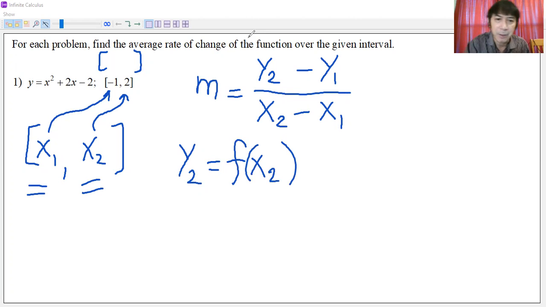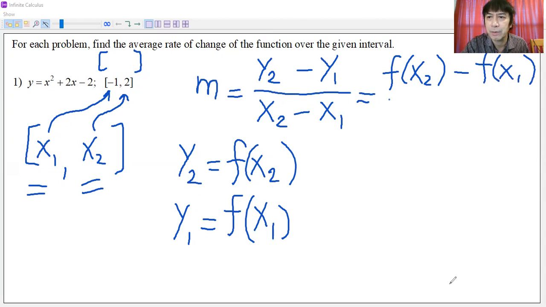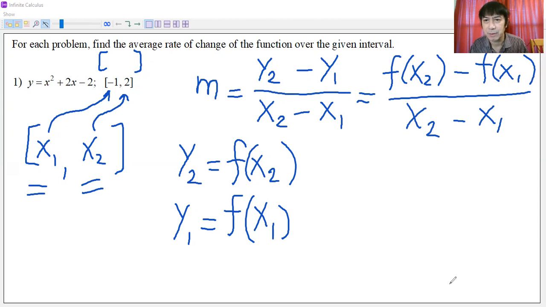And then y1 is f of x1. And so this formula becomes f of x2 minus f of x1 over x2 minus x1.